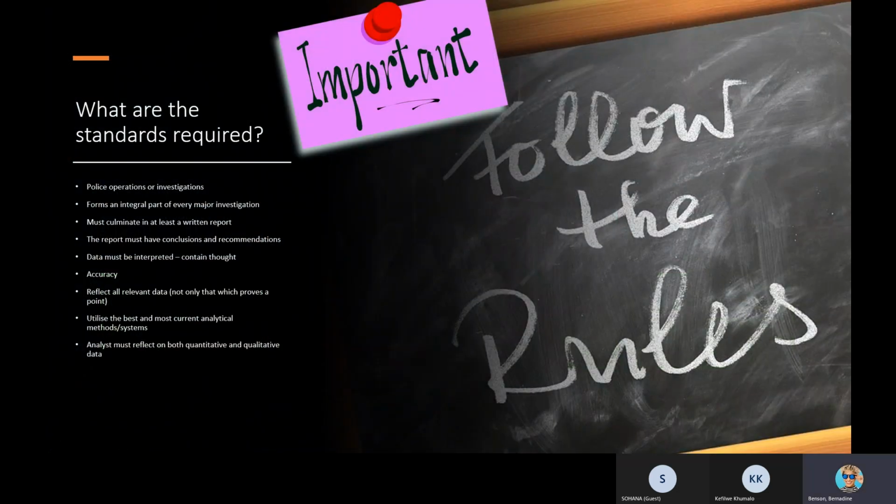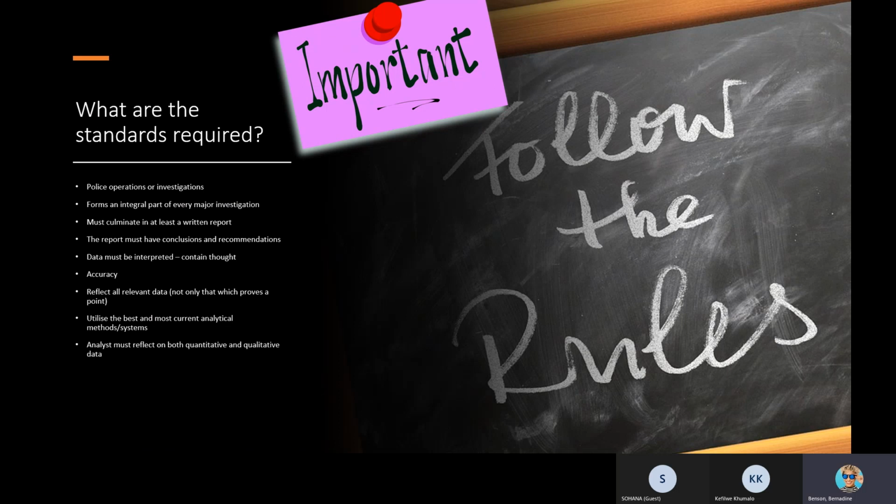But when we are doing these analyses, it's important that we remember that there are rules to follow. In any organization, there are principles or standards that we have to adhere to. We cannot just forge ahead, gather information, process it, analyze it, and do with it what we want to. No, there are parameters.